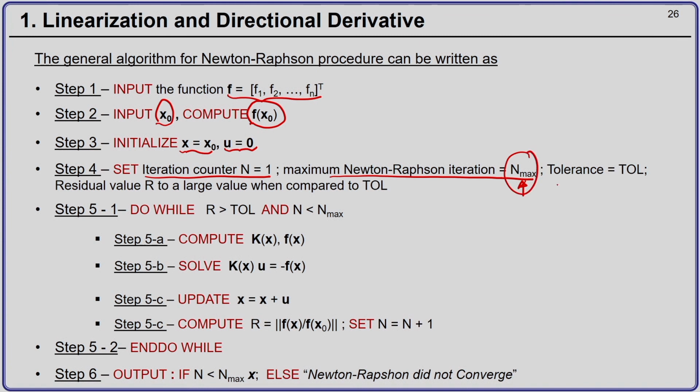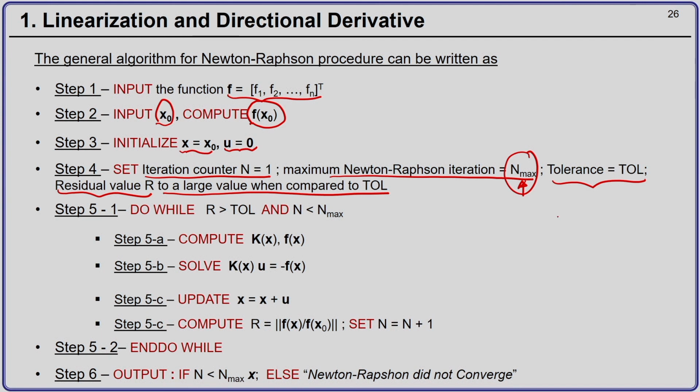And also, let us say we set a tolerance, which is given by tol. Tolerance is used for a stopping criterion. When the value of the stopping criterion becomes less than this value tol, then we say that our Newton-Raphson iterations have converged. And then let us say we have a residual value r, and this has to be set to a very large value as compared to our tolerance tol.